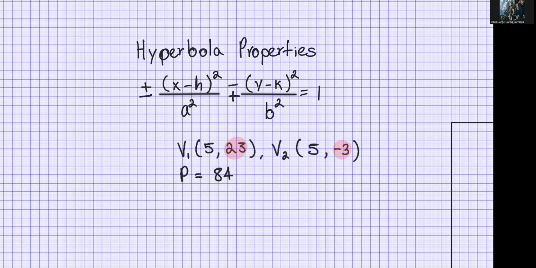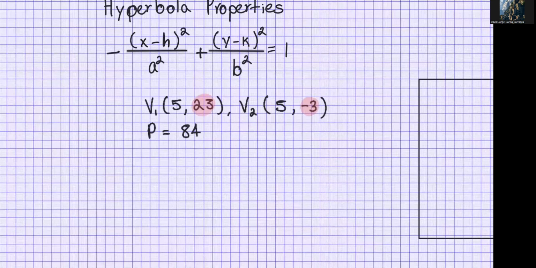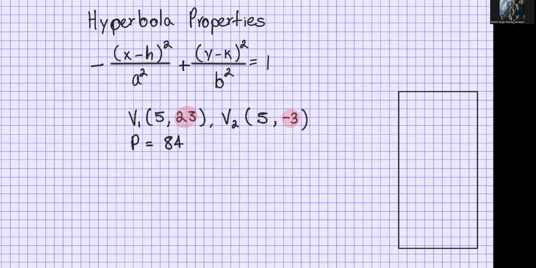So our vertical hyperbola will have the horizontal term negative and the vertical term positive. Now we can start gathering the information.